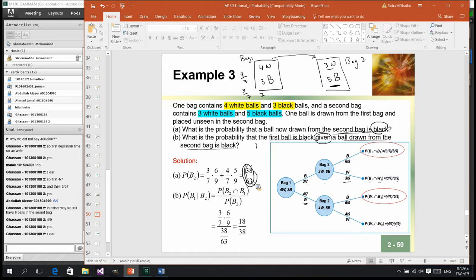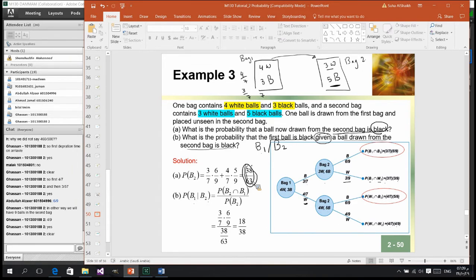The word given means conditional. The first is black, black one, given that B2. So I want the probability of B1 given that the second one is B2.